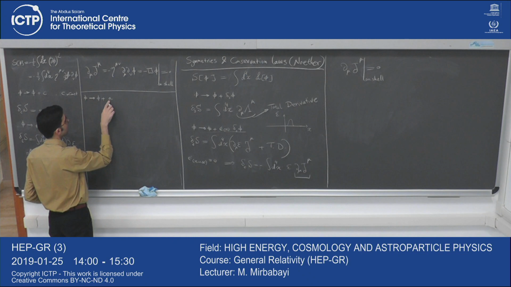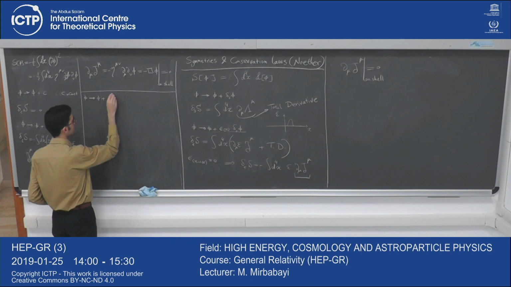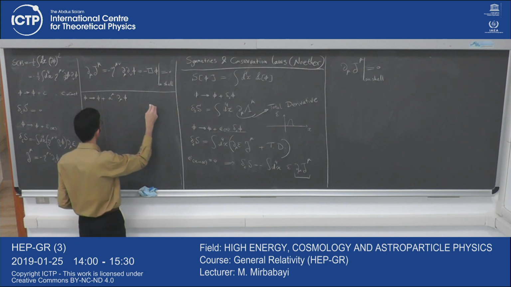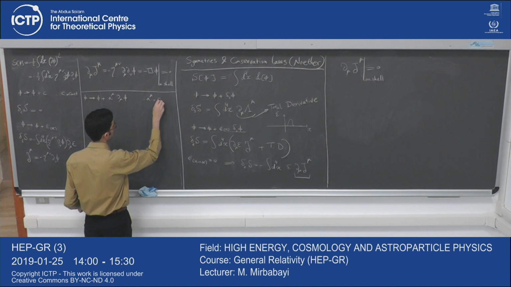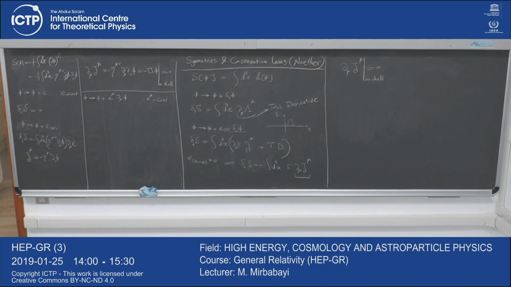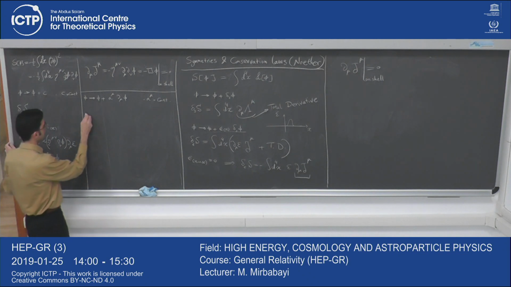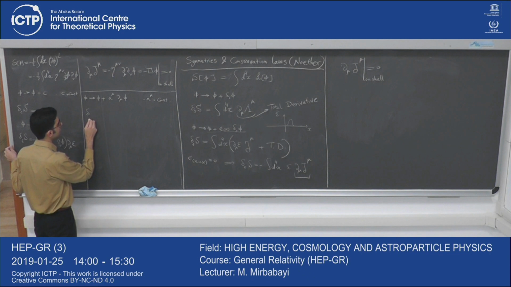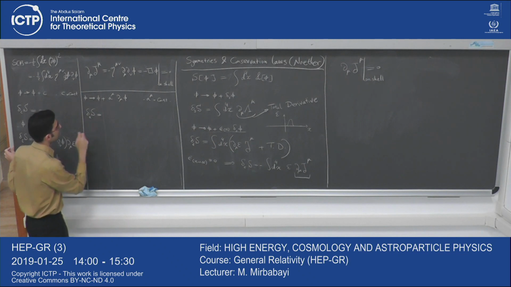So if I take phi to phi plus a mu d mu phi, where a mu is just a constant 4 vector, then again, the variation of the action is going to be a total derivative. So let's see what this variation is.